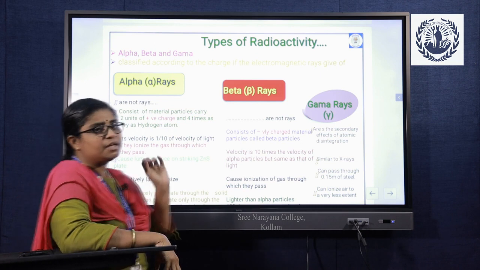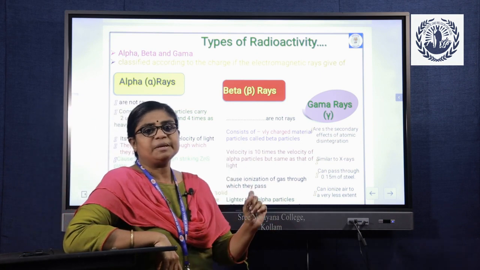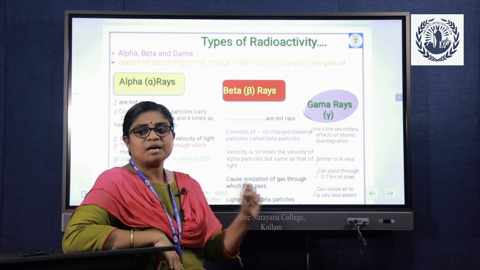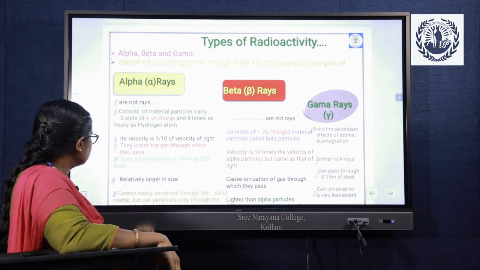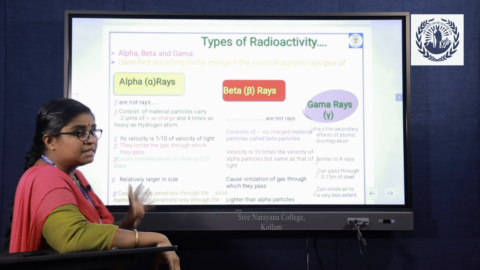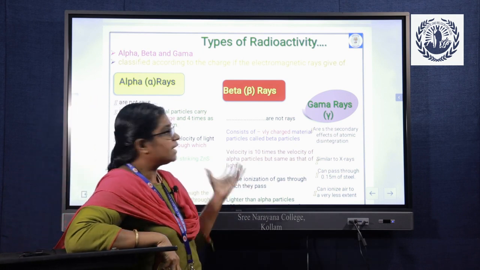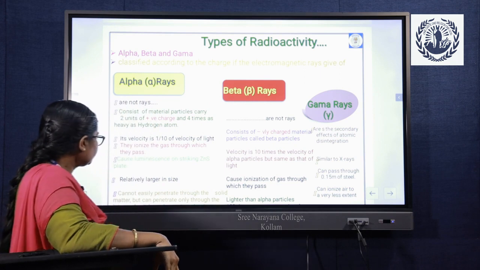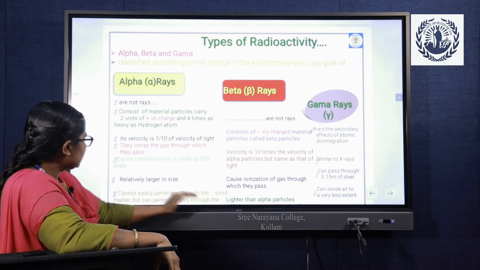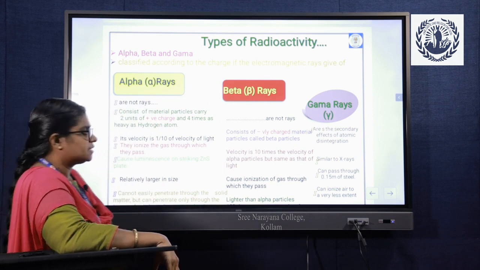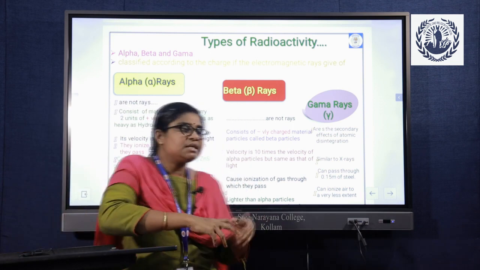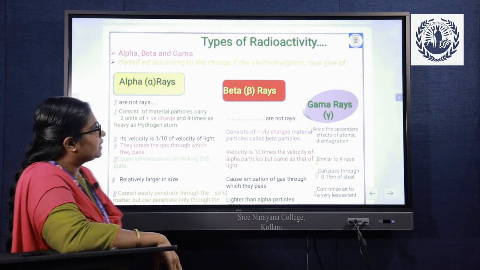While striking a photographic film, it produces luminescence, that is, some spots are produced in the photographic film. It has relatively high size compared to beta and gamma rays, so it cannot penetrate easily through solid materials. So these are the main characteristics of alpha rays.